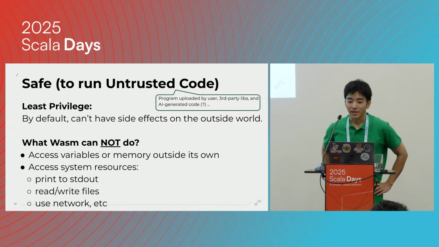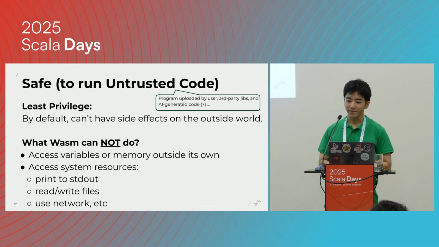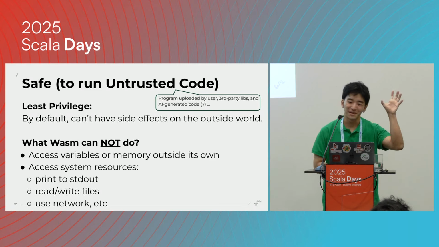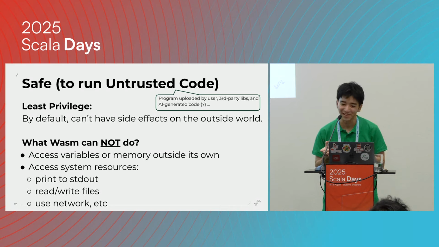And most importantly, WebAssembly provides a safe environment to run untrusted code. Here, untrusted code means, for example, a program uploaded by a user. This is important because from the cloud provider's perspective, our application program is untrusted code.